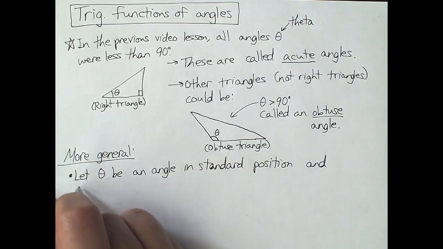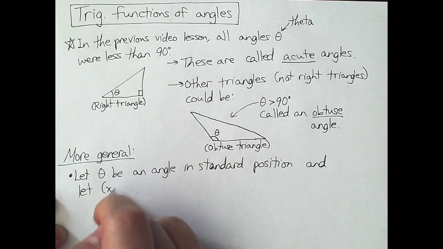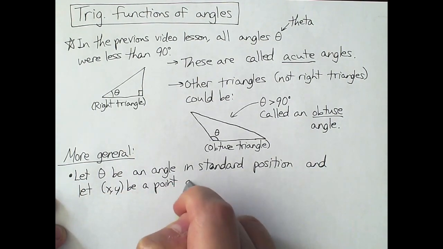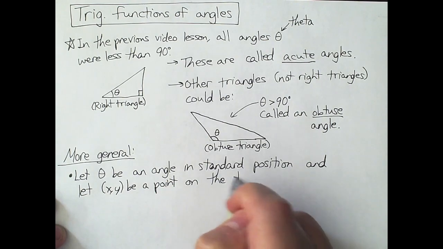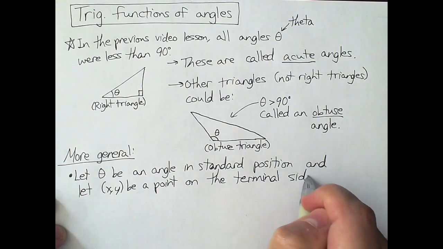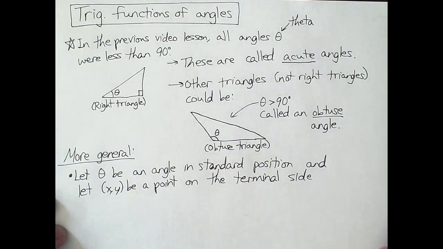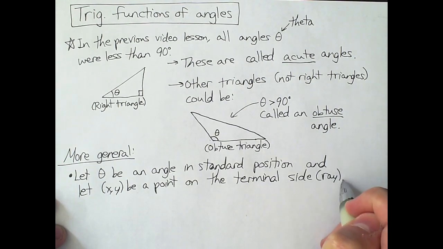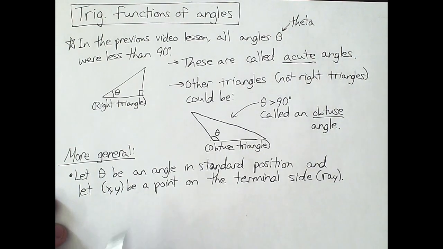And let x comma y be a point on the terminal side. By the way, when we say the terminal side, we mean the terminal ray. Technically we said that there are two rays that make up an angle, so you can call it the terminal ray or the terminal side.